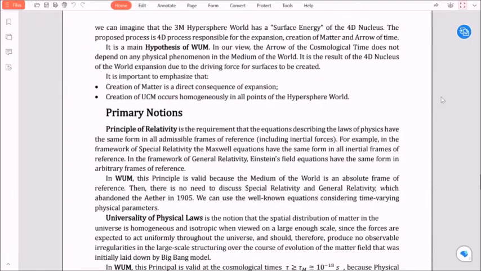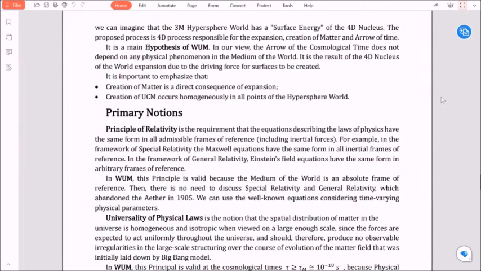Primary notions. Principle of relativity is the requirement that the equations describing the laws of physics have the same form in all admissible frames of reference, including inertial forces. For example, in the framework of special relativity, the Maxwell equations have the same form in all inertial frames of reference.